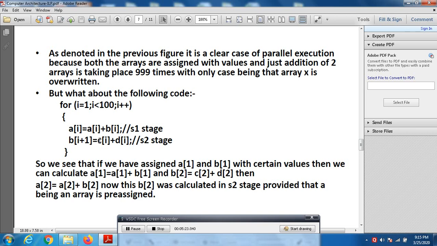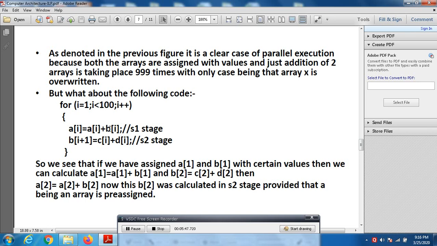Now this b2 was calculated in the S2 stage, provided that the array is pre-assigned. So b2 is basically c1 plus d1, and a1 is basically a1 plus b1.